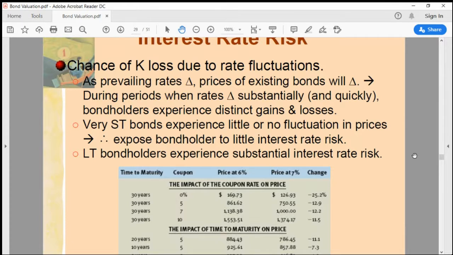Remember when we were talking about the cost of capital in the ROI, we talked about the risk premia, because interest rate must reflect the risks.